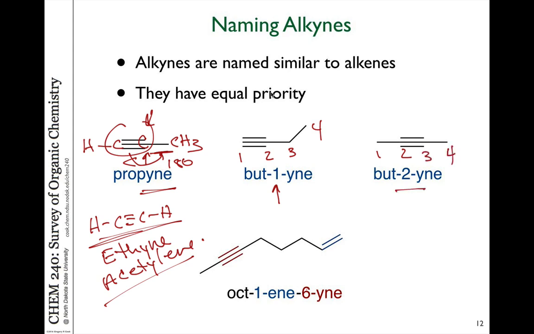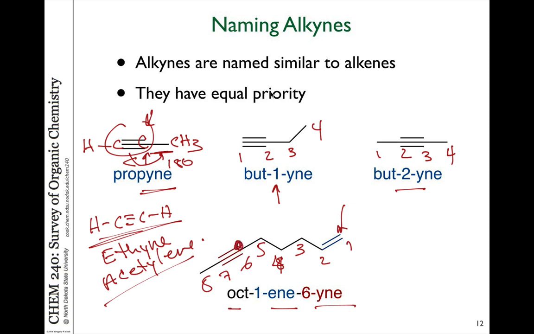and in this case, here's but-2-yne. When you have more than one type of group, a diene, triene, if you have more than one double bond, it's diene, triene, etc. If you have both in the same molecule, then it becomes an ene-yne molecule. So in this case, we have an 8-carbon chain where the double bond starts at carbon 1, and in this direction, the triple bond starts at carbon 6.